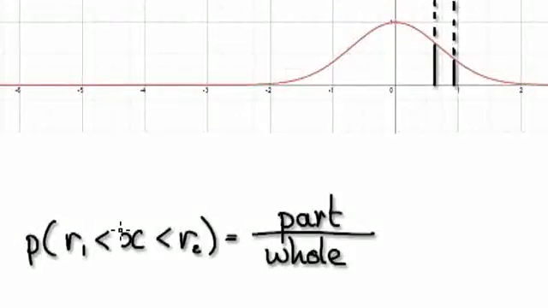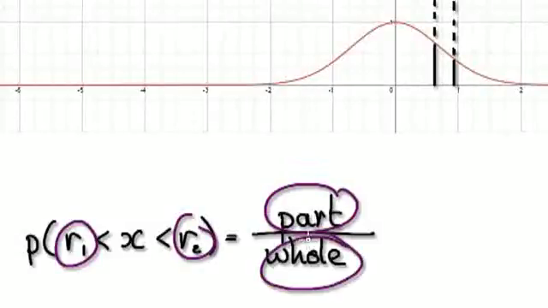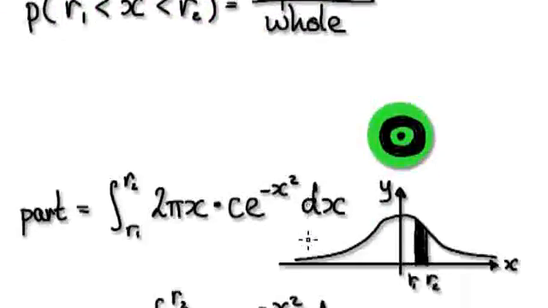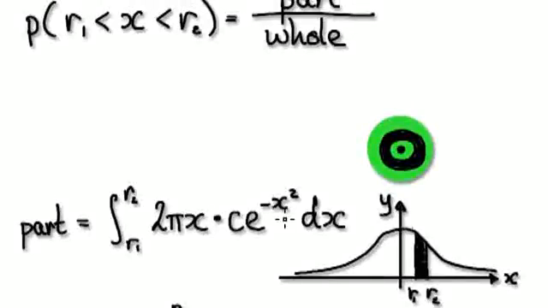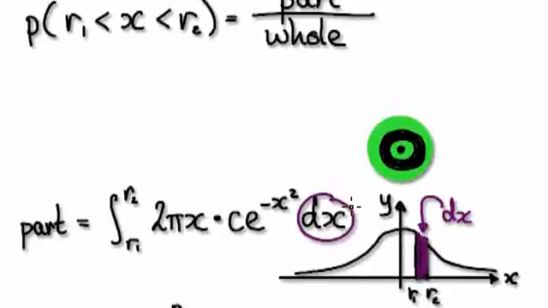So the probability of us getting it within R1 and R2 would be part divided by the whole. Well, the part is us trying to work out the volume of this, but we need to sum up all the cylinders. The thickness associated with this one cylinder here would be dx.